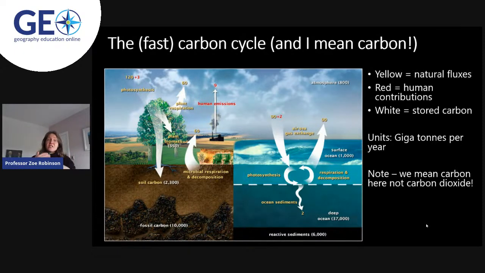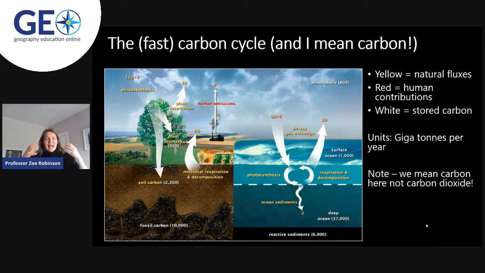And these cycles can be at different rates. So there's some carbon which will move very slowly from one store to another store, and then there's other parts of the carbon system where carbon moves very quickly between different stores.